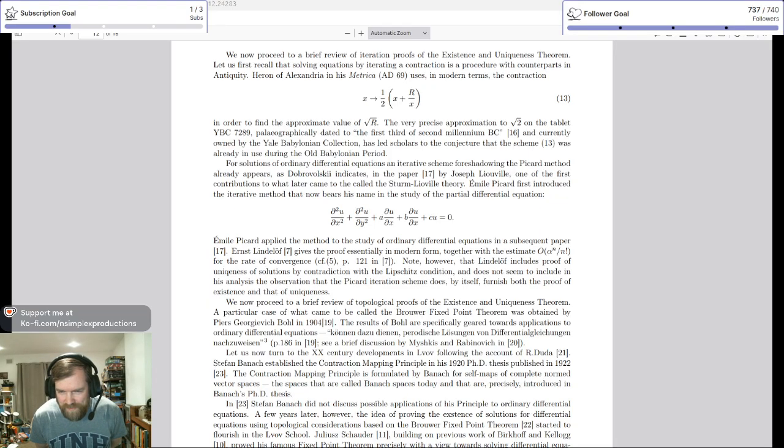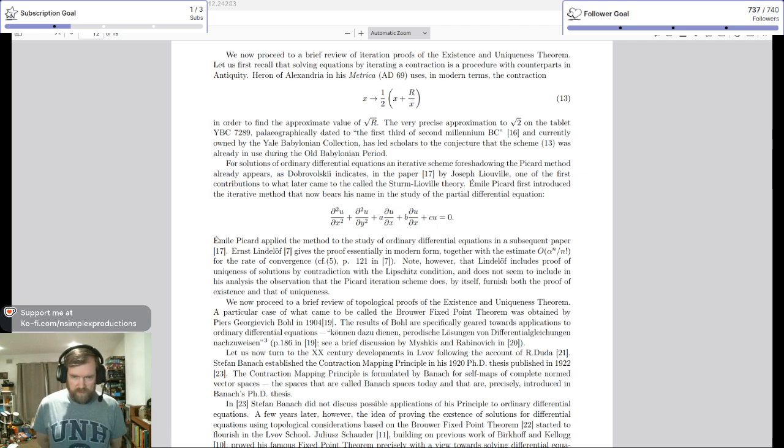See the brief discussion by Mishkis and Rabinovich in 20. Let us turn to 20th century developments in Lvov, following the account of R. Duda. Stefan Banach established the contraction mapping principle in his 1920 PhD thesis, published in 22.